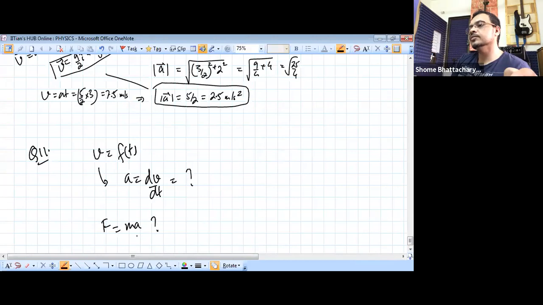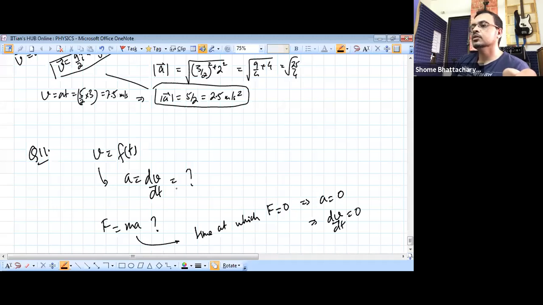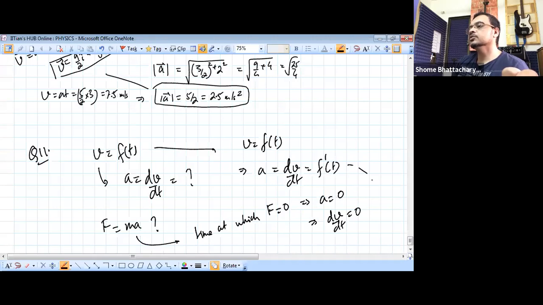You have to find the time at which the force is 0, that means the time at which the acceleration is 0, or dv by dt is equal to 0. If the velocity is f(t), then the acceleration is the derivative of that function. So to find this time, you put f prime t, the derivative, as 0, and calculate the time.